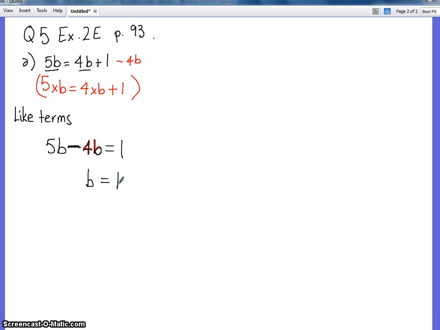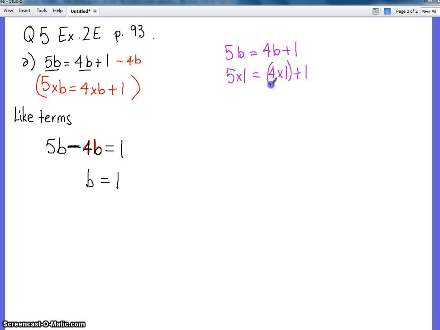That's what they reckon, they reckon b will equal 1. So can we check that? Yes, we can. We've worked out that b equals 1. So 5b equals 4b plus 1. Do we know what b is? Yeah, it's 1. So 5 times 1 should equal 4 times 1 plus 1.